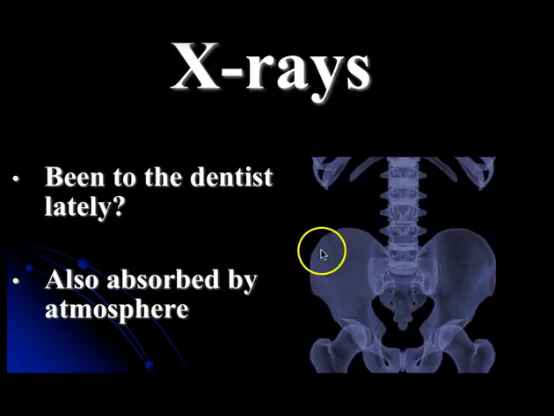So that's why when we go to the dentist or the doctor for various X-rays, they only use a specific short amount, as small as they can get, and then they cover the rest of your body with lead aprons.